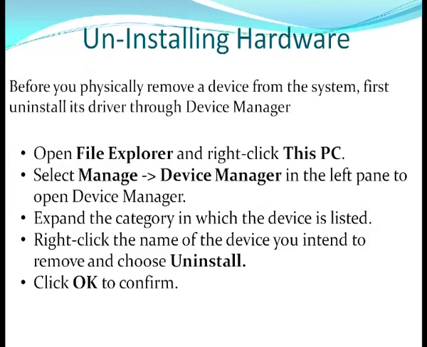It will ask for the confirmation whether you really want to uninstall the device. If you say OK, it will start the uninstallation process, and once it is over, it gives you the message also that the uninstallation process is complete and the device is no longer available along with your computer. So this is what is about uninstalling the hardware that is attached to your computer.